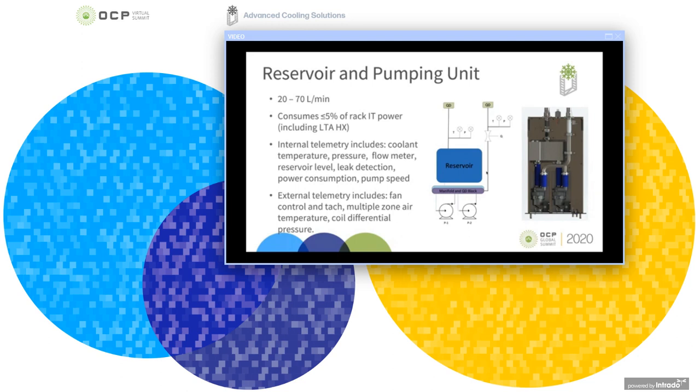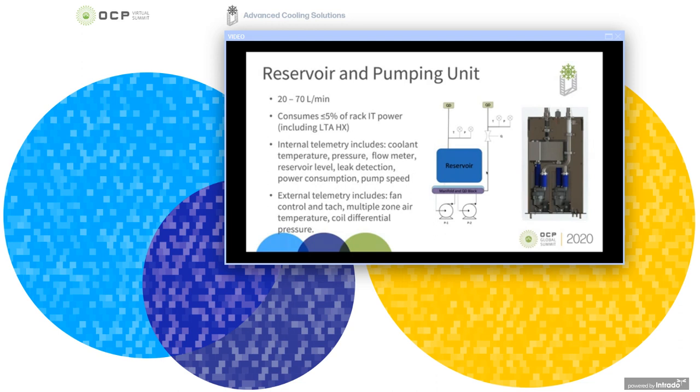All the telemetry necessary for control and failure detection will either be included natively within the RPU or have an interface to the sensors in the remote liquid-to-air heat exchanger. Internal sensors include coolant temperature, pressure and flow, reservoir level, leak detection, power consumption, and pump speed.